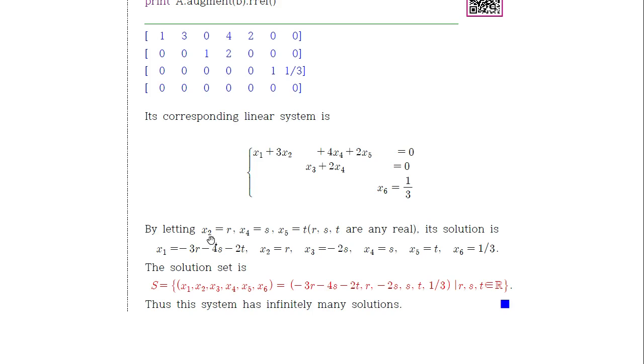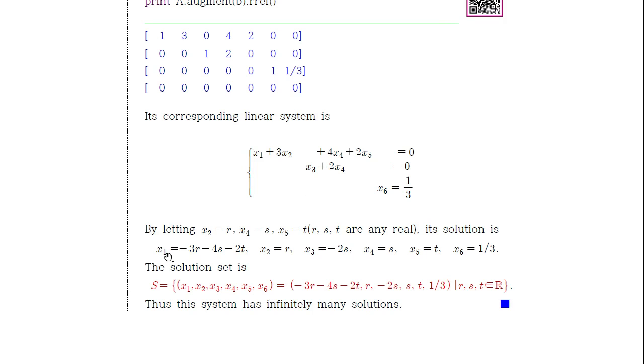So let x2, x4, x5 be arbitrary real numbers R, S, and T. Then the solution can be found with those R, S, and T. Like x6 is 1/3, x5 is T, x4 is S, so x3 should be minus 2x4, which is minus 2S. Then x2 is R.